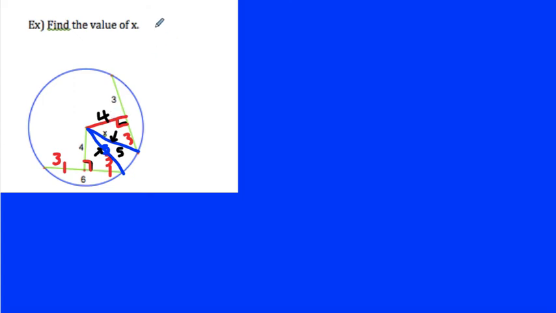So x would be 4, which means that they are equally distant from the center. Now, you might have also said, well, they're both perpendicular, so if this is being bisected, then this has to be 3. Just making sure that you're seeing all of the different ways that you can draw in radiuses to the corners of chords.